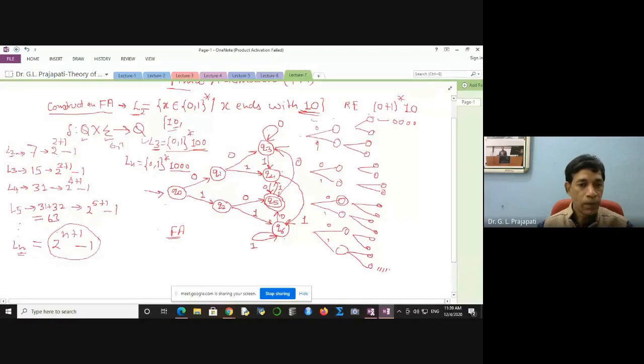But once n is sufficiently large, say you might be interested in remembering length 50, then 2 raised to power 50 is too much. 2 raised to power 100, if you want to remember the last 100 symbols, last 200 symbols, then what you need is exponential in nature.